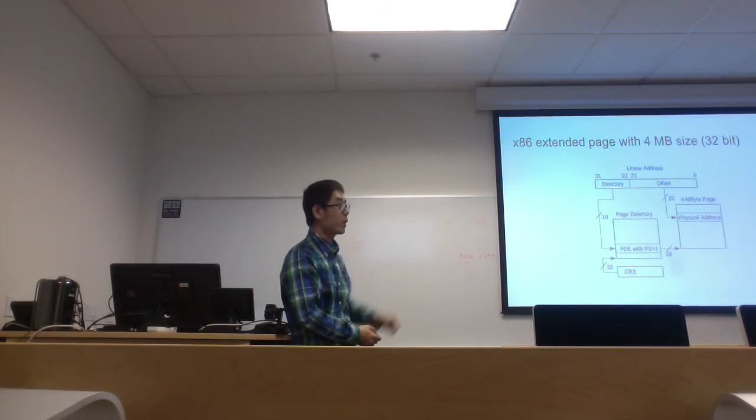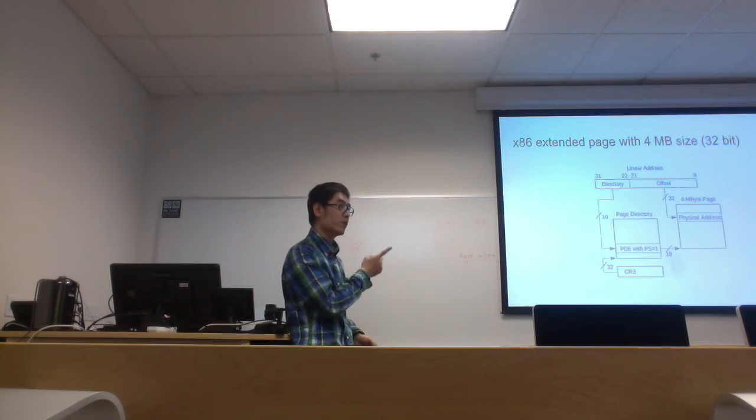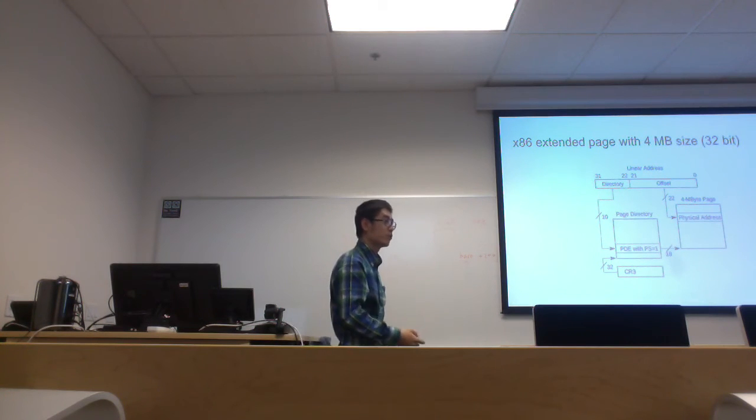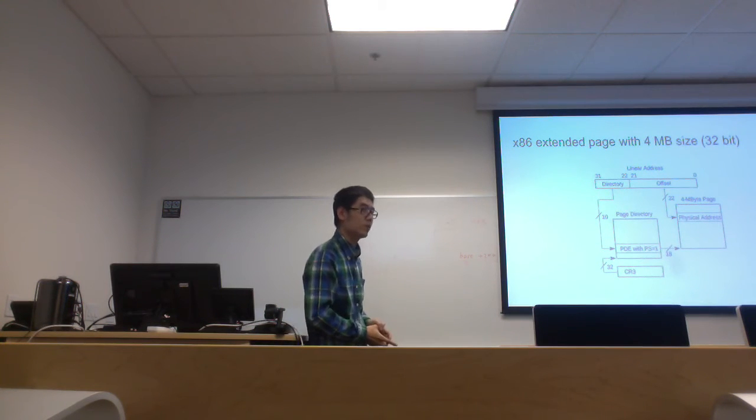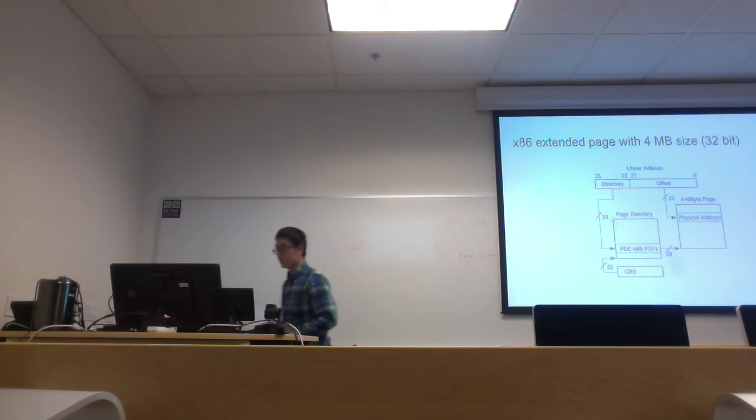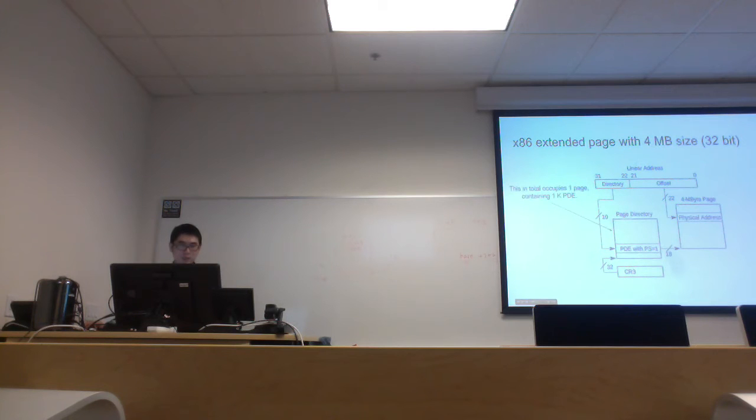So using a 4 megabyte page, I can reduce the number of cached translations to make my program run faster. So here's the extended page with 4 megabytes. And now the page directory contains the translation directly instead of another level of translation, page tables.